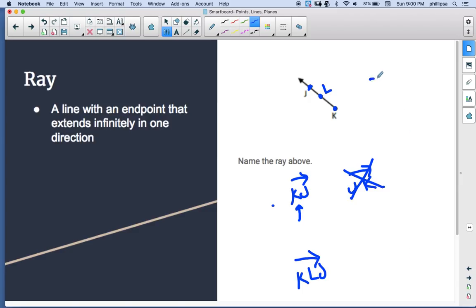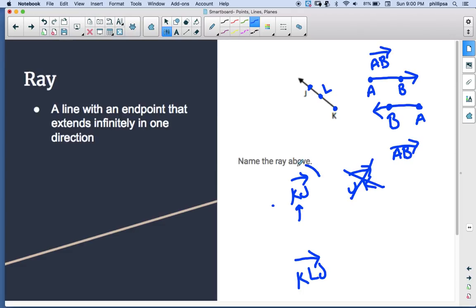Another common thing that I see with rays is, if I give you AB facing this direction, you would call it ray AB, as opposed to ray AB here. This is still called ray AB.